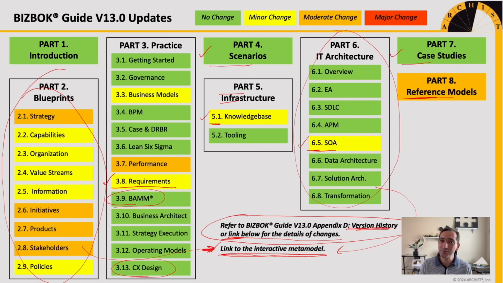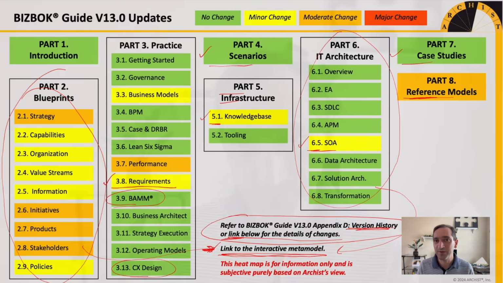And instead of going back to BIZBOK and trying to figure out those static metamodel views, here you see an interactive one that you can quickly use to look at different relationships among the domains that you are interested in. And finally, this heat map is for information only and purely reflects our view of the latest changes in the BIZBOK guide.